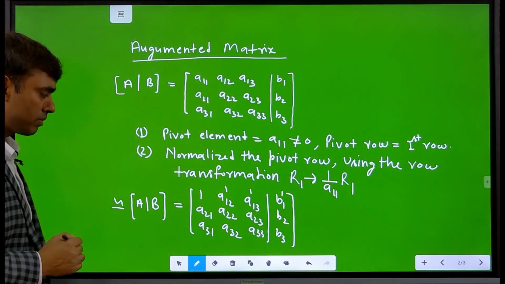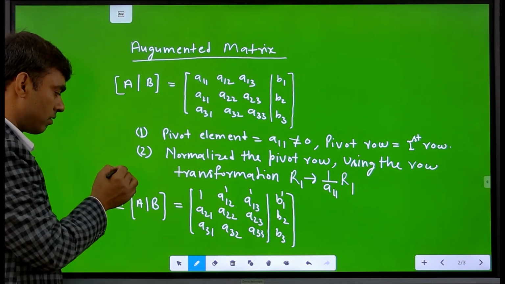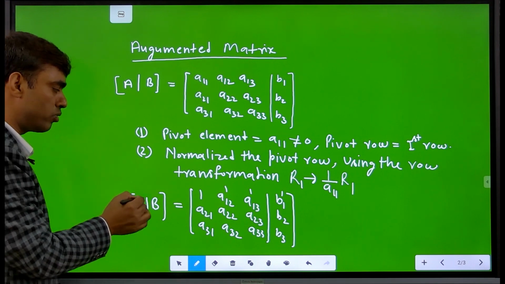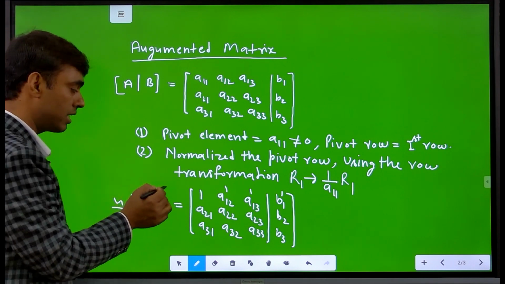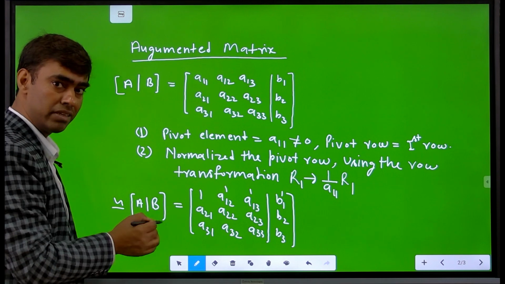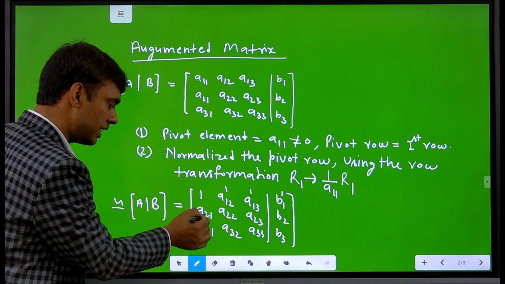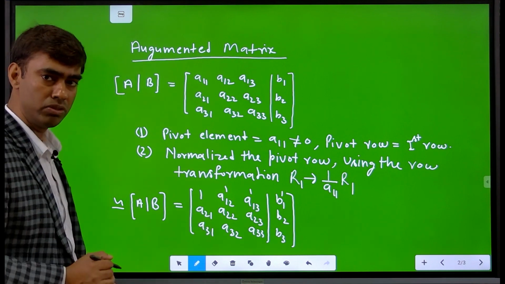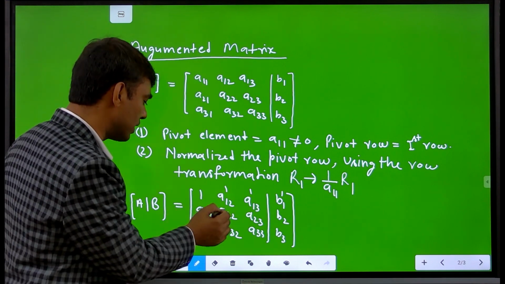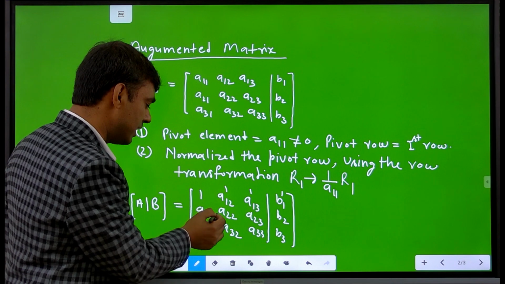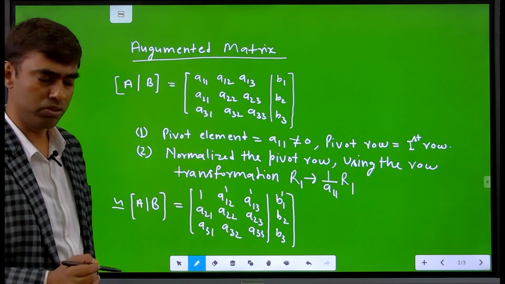So, now we perform the first stage of elimination and we try to eliminate x1 from all equations except the first equation. For this, we try to convert A21 to 0 and A31 to 0.